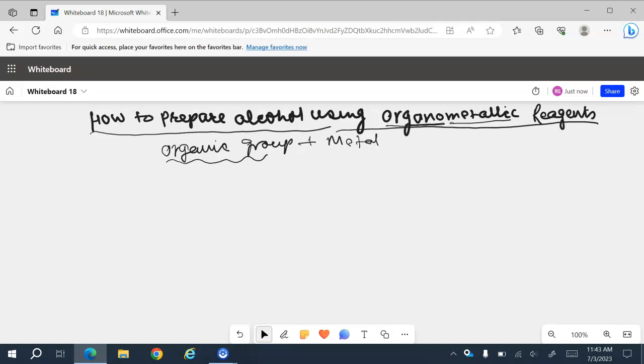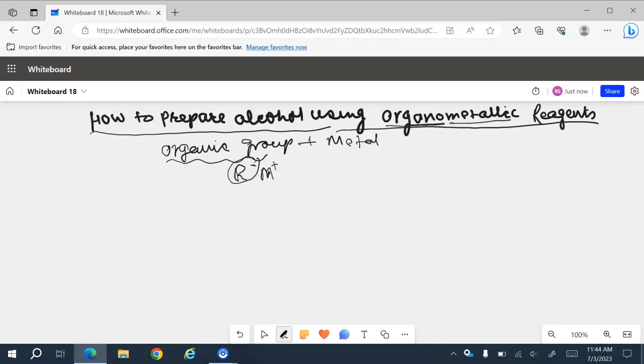organic group, or R group, will usually be negative, because metals are always electropositive. They will form electropositive ions. So metals will be positive, whereas the organic group will be negative.